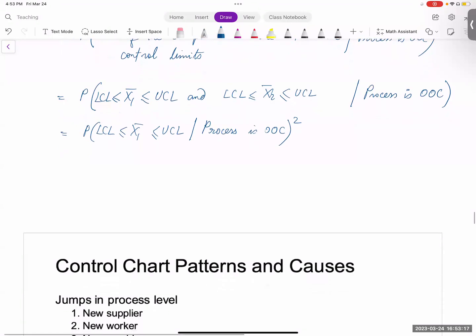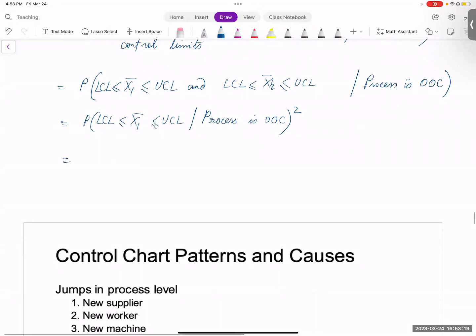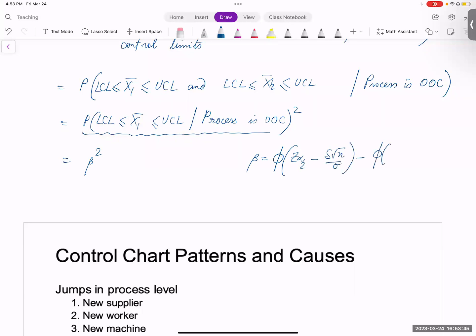Now we are ready to solve this problem. If you remember, this term right here is beta, the type 2 error. So if you know beta, you can write down the answer. This beta is for a standard normal 3 sigma control chart. Beta in this case is phi of Z alpha over 2 minus delta square root of n over sigma, minus phi of negative Z alpha over 2 minus delta square root of n over sigma.